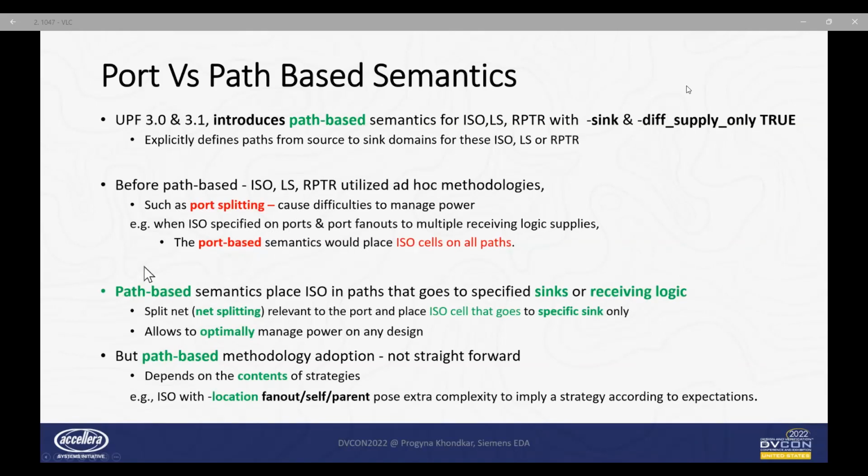On the other hand, path-based semantics places ISO in paths that go to the specified sink or receiving logic, because net splitting is relevant to the port and places ISO cells that go to a specific sink only. Eventually, it allows optimally managing power on any design.